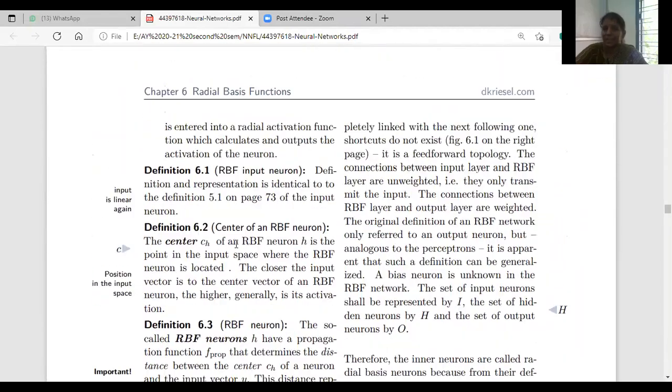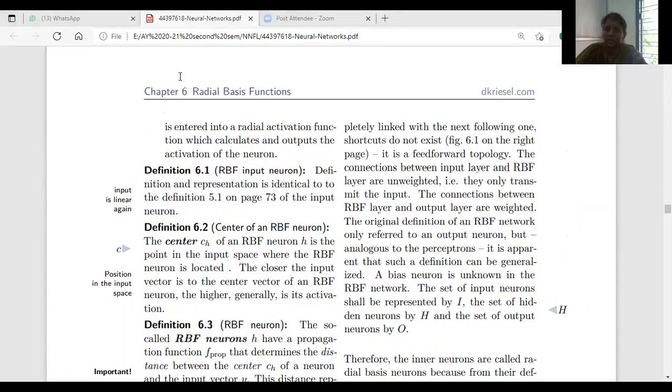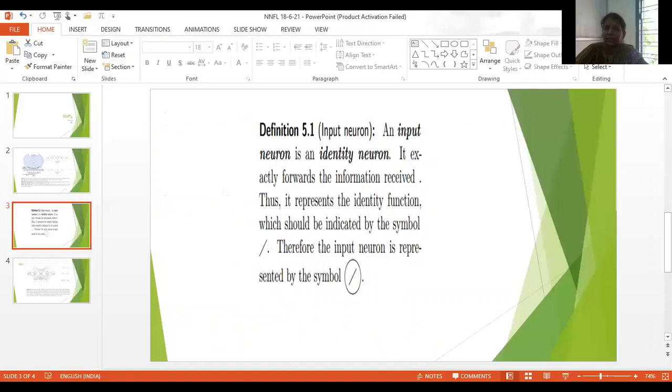From the basic definition of the single layer perceptron neural network, the input neurons for radial basis function are also the same. Here you can see the definition for input neuron. An input neuron is an identity neuron. It exactly forwards the information received. It represents the identity function, which should be indicated by a symbol like this.